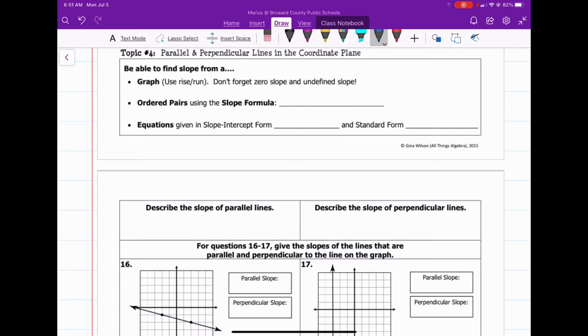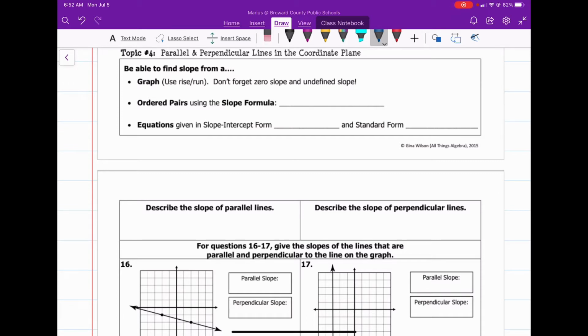And today we're going to do a review and talk about parallel and perpendicular lines in a coordinate plane. More specifically, what makes lines parallel versus what makes lines perpendicular. To jumpstart this, you need to be able to find the slope from a graph, using your rise over your run, and don't forget about zero slopes and undefined slopes.